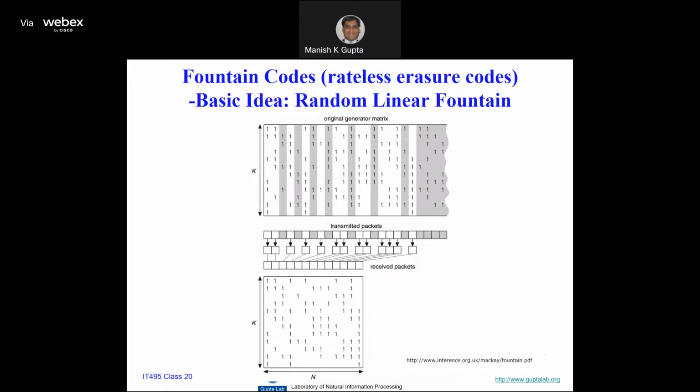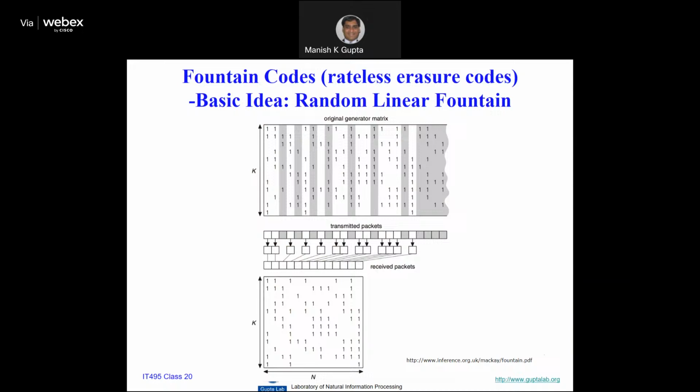Now, there are different cases. If N is less than K, then of course we cannot reconstruct the file. If N is equal to K, it's a K by K matrix, and if the matrix is invertible, we will be able to decode the file. The third case is when N is K plus some small excess of packets. All three cases we looked at.